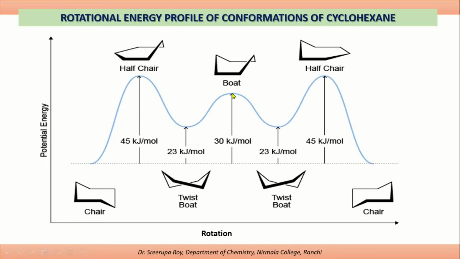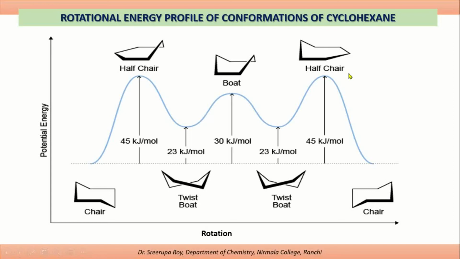As the rotation is continued in the boat conformation, the energy of the molecule further decreases to attain a minima. This minima is same as the minima we had obtained earlier. So this corresponds to another twist boat form. As rotation is continued in the twist boat conformation, the energy of the molecule increases further, attains a maximum height similar to that attained in the first half chair conformation.